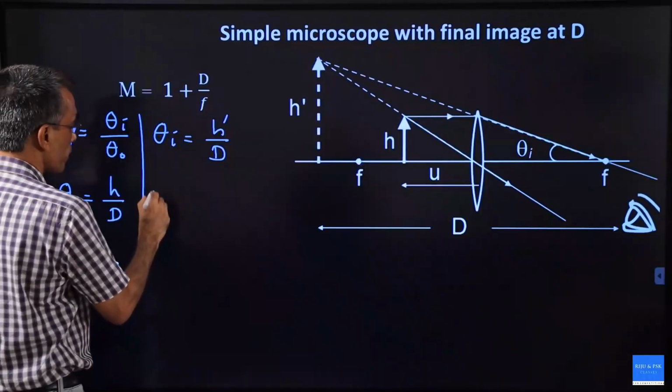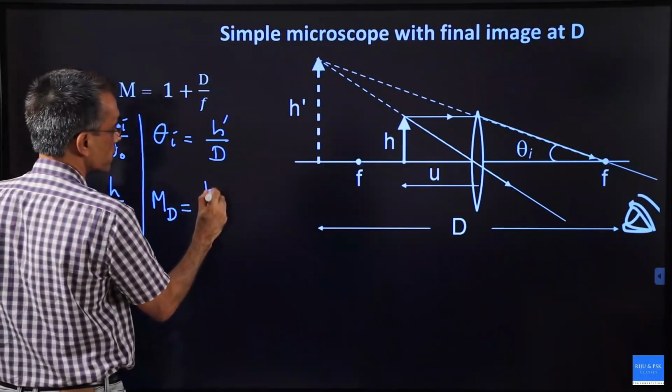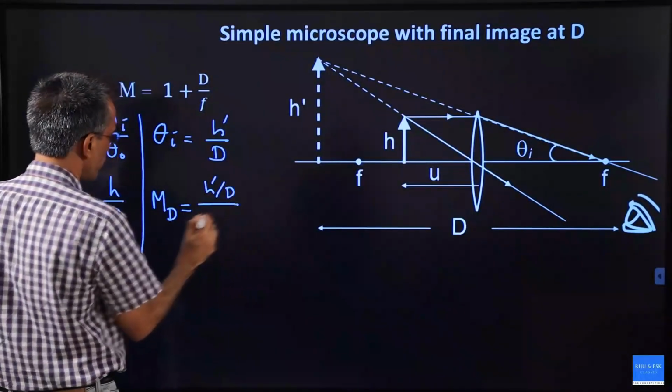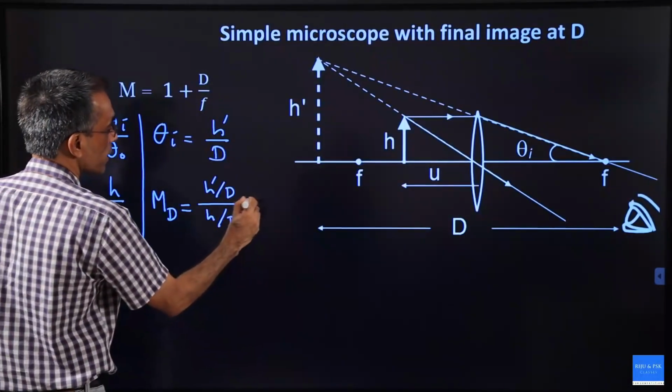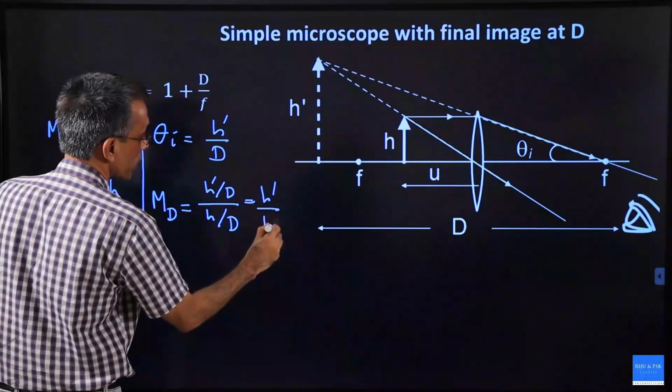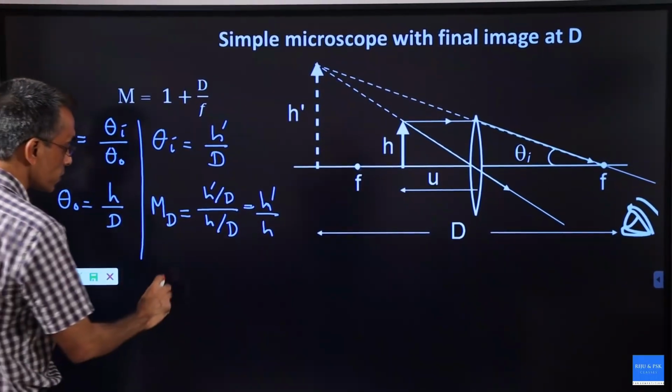Now what is magnifying power? M at D is equal to theta I, which is h dash by d, divided by theta O, which is given by h by d, and this gives you h dash by h. And what is h dash by h?